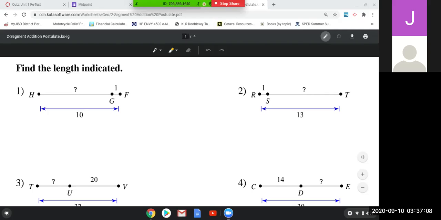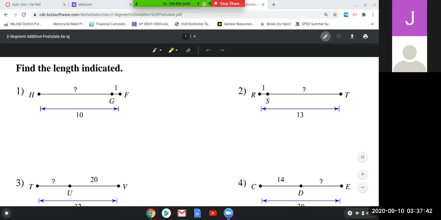The segment addition postulate says that if I have 2 segments, when I add them together, they combine to give the length of the fuller segment. So in other words, segment HG plus segment GF equals the length of segment HF. So something right here plus 1 equals 10. I just have to find this missing distance right here.